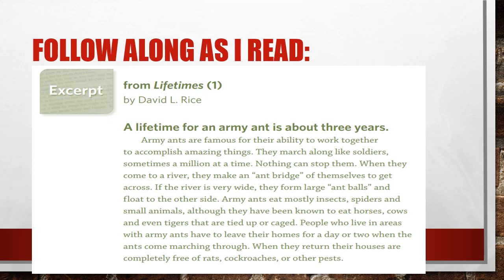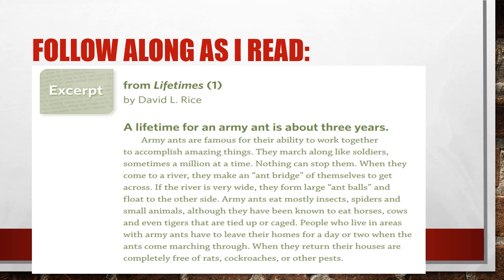Follow along, please. A lifetime for an army ant is about 3 years. Army ants are famous for their ability to work together to accomplish amazing things. They march along like soldiers, sometimes a million at a time. Nothing can stop them. When they come to a river, they make an ant bridge of themselves to get across. If the river is very wide, they form large ant balls and float to the other side.